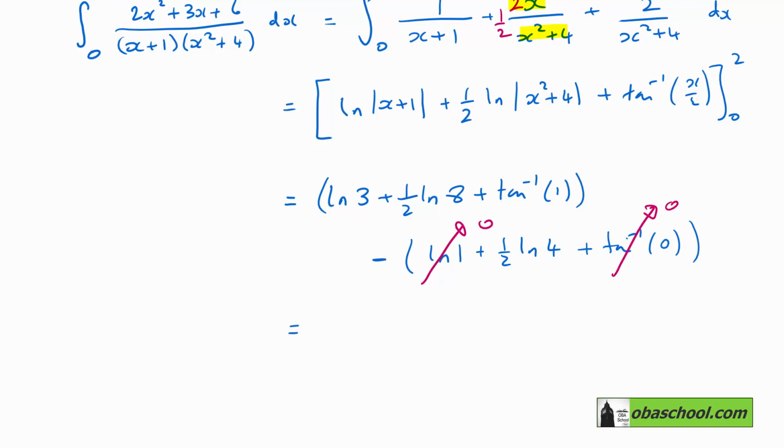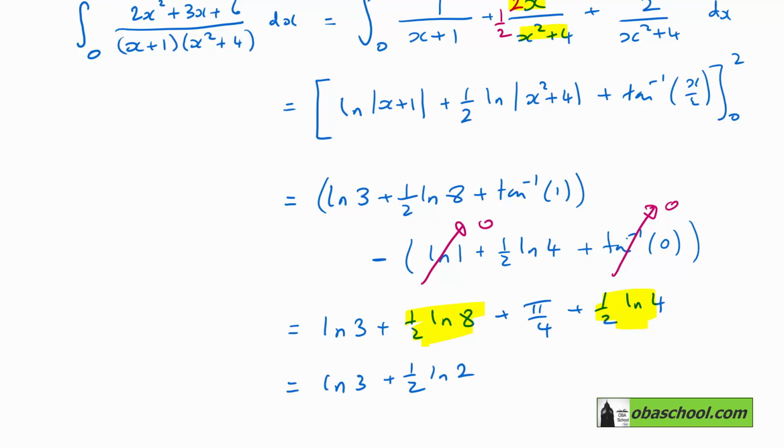So that is ln 3 plus a half ln 8. The inverse tan of 1 is pi by 4. And then we have a half ln 4. And we can use the log law to put these two together. So we have ln 3 plus a half ln 2 plus pi by 4.